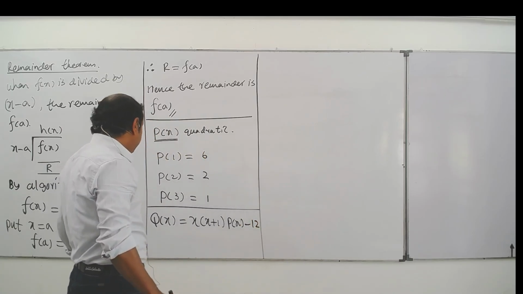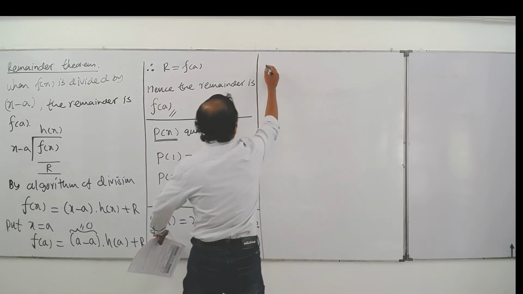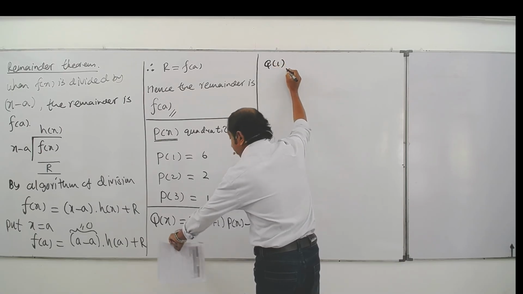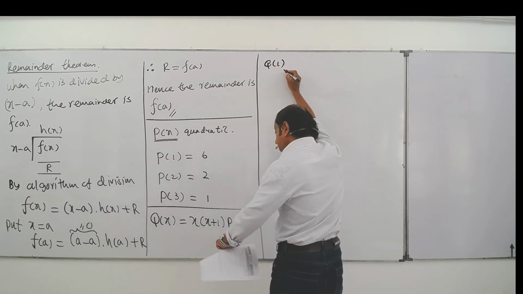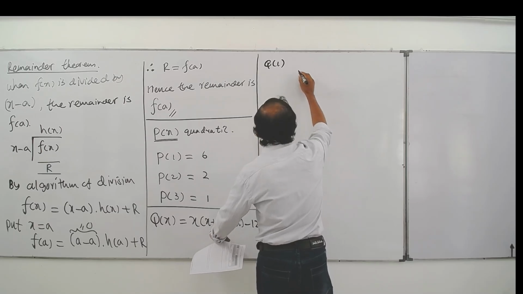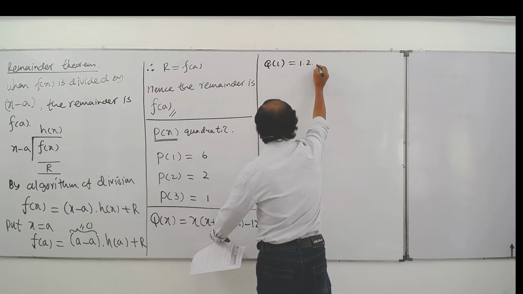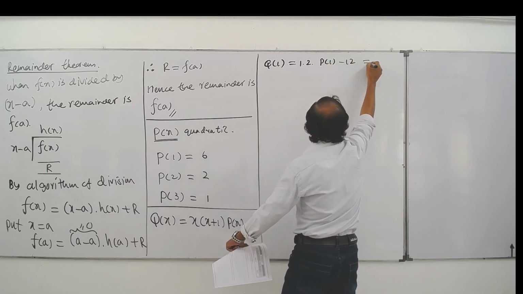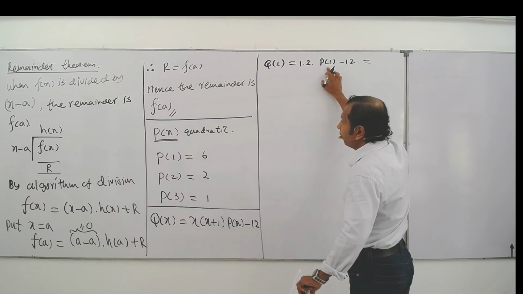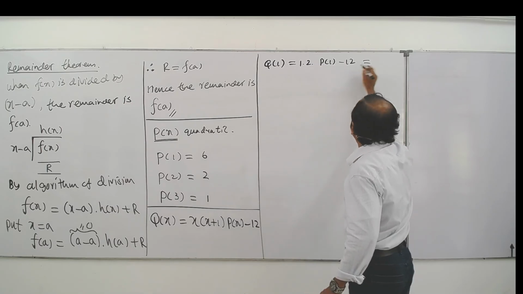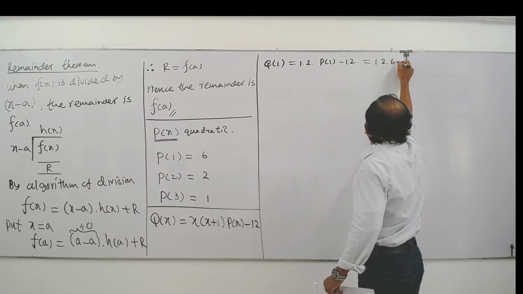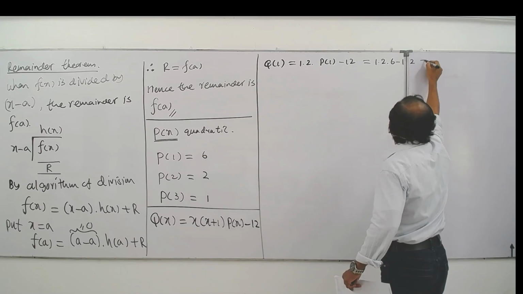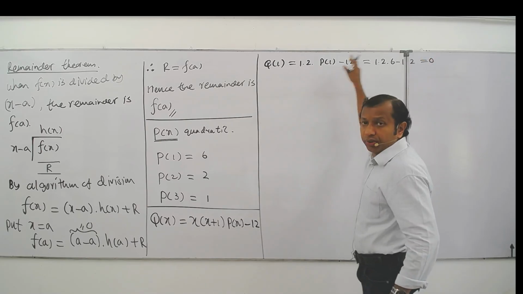Now we put x equals 1 here. Then we get on the left hand side q(1), which is 1 into 2 into p(1) minus 12. P(1) is 6, so 1 into 2 into 6 minus 12. Here 12, here 12, so 0.